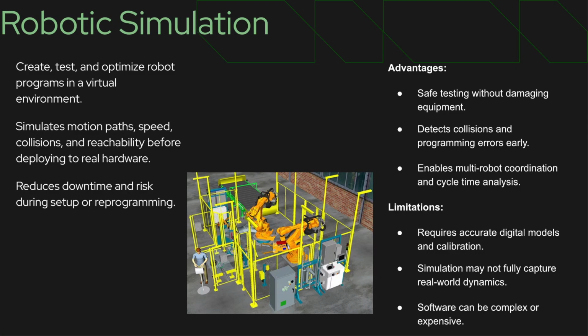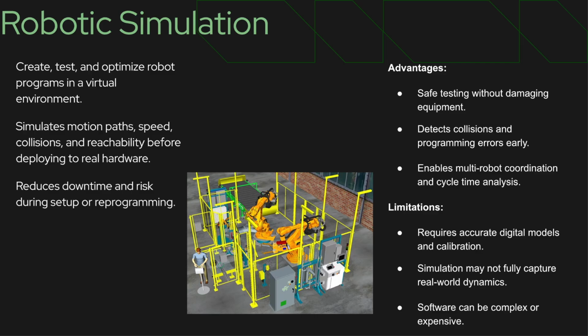And then we have our robotic simulations, which we've been talking about for a bit. This is allowing engineers to program in a virtual environment before touching real hardware. It can check motion paths and make sure your environment's safe. You have all of your safety features in play. You can calculate physics. You can calculate reachability.